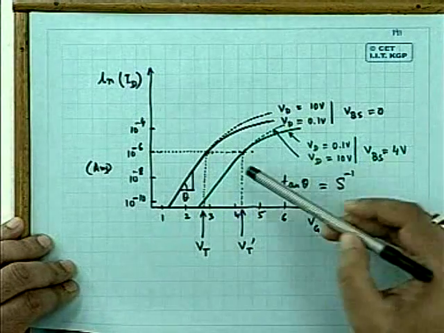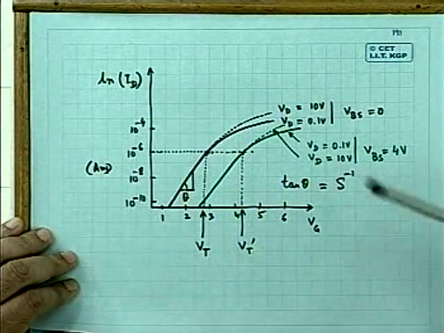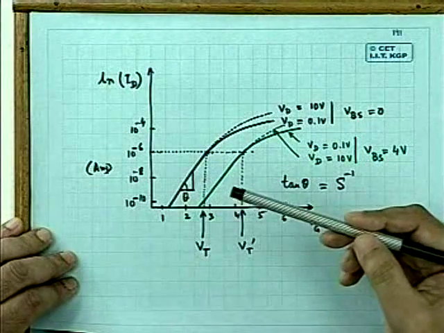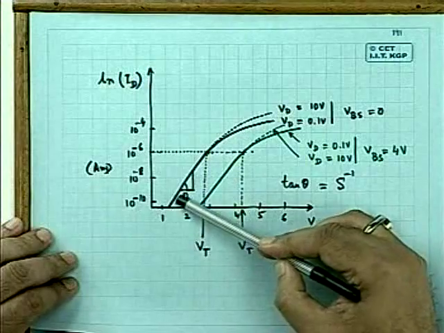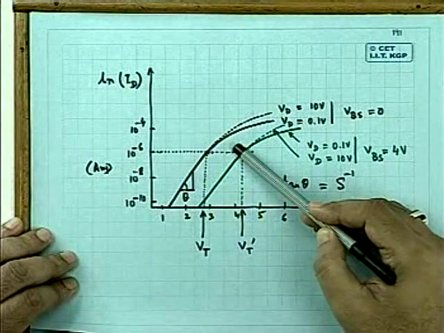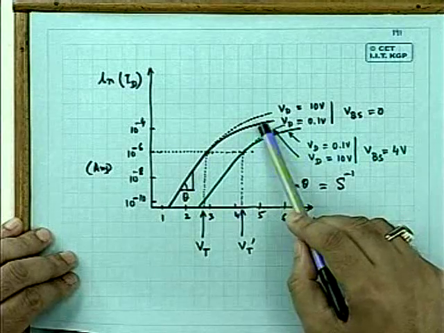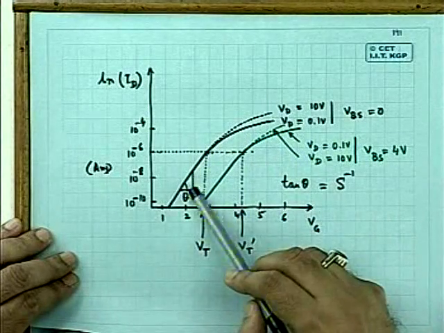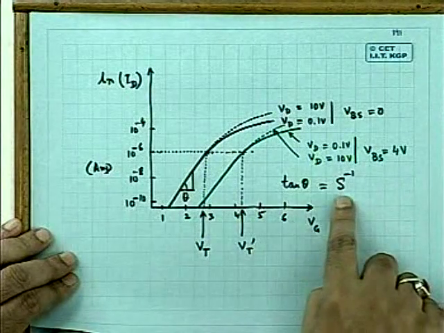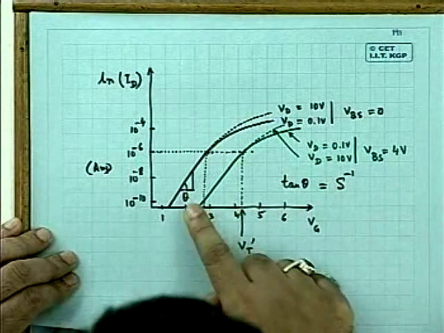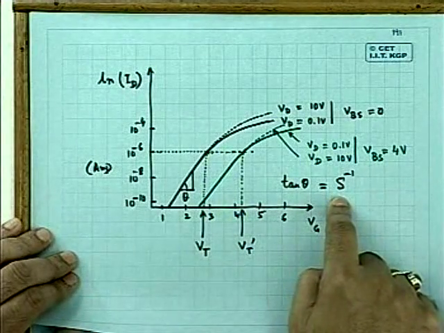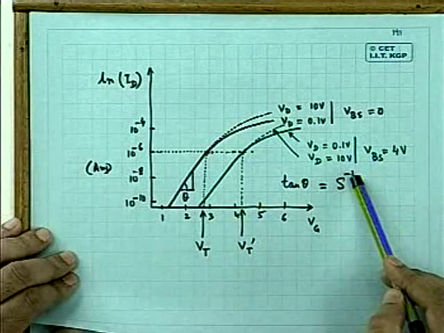Then, what is desirable is that the slope of these curves should be as high as possible. If I define the slope as tan theta, of course normally the slope is defined as the inverse of that, S inverse, which I did not mention in the last class.